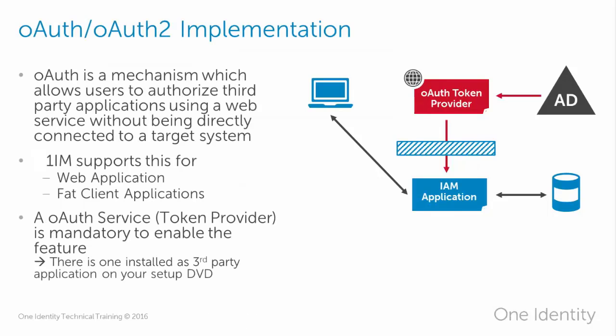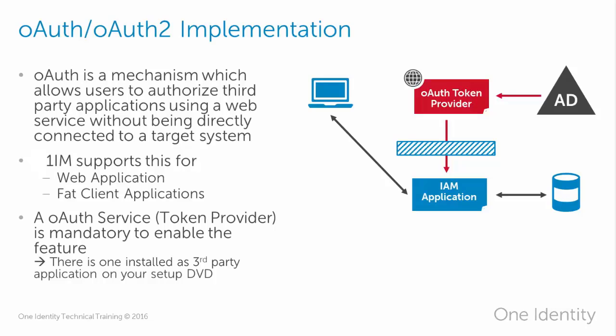Let's talk about something that is named the OAuth provider. A good business scenario to understand that feature: maybe there is an application that wants to authenticate against a standard target system like an Active Directory, but unfortunately the application stands in a zone without a direct network connection to the Active Directory, and it is not really recommended to configure that Active Directory to be part of that zone.